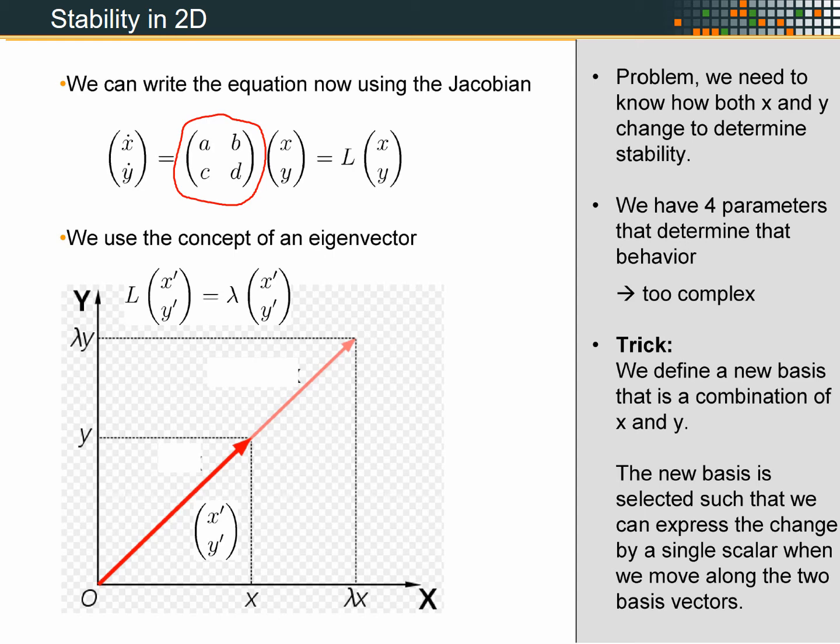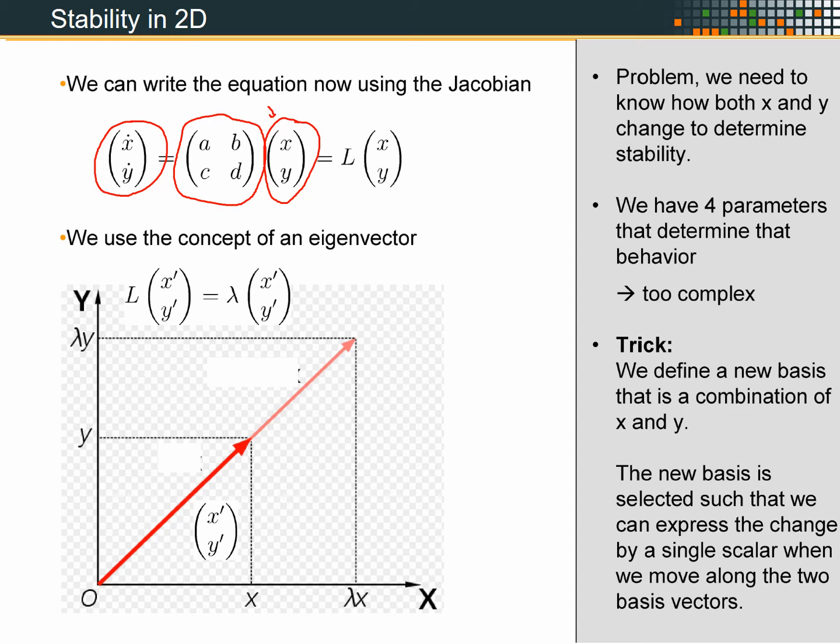The basic idea is that if you do this operation with a matrix, you can imagine that you have a certain vector that you enter into the system. That would be the vector x and y, and it would be mapped onto a new x dot and y dot. And for some vectors that we enter, we will get a vector as an output that points in the very same direction.